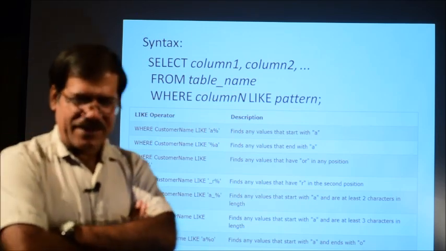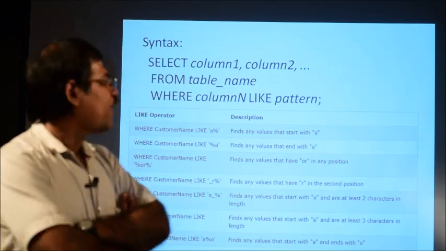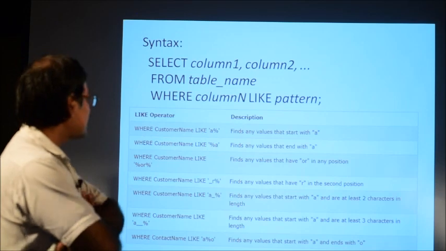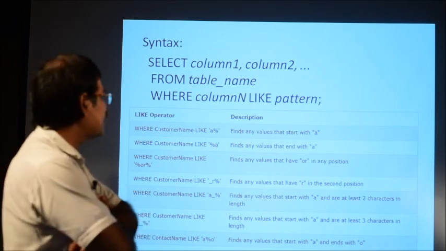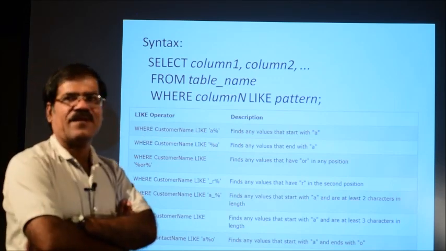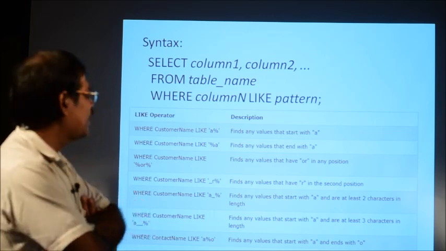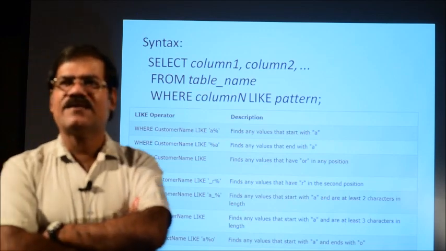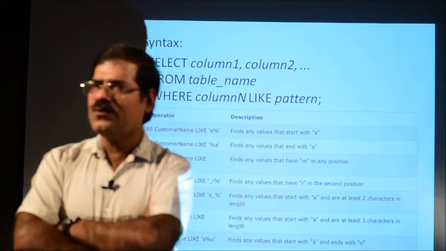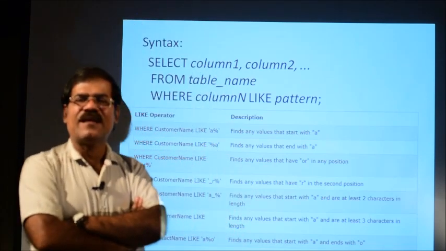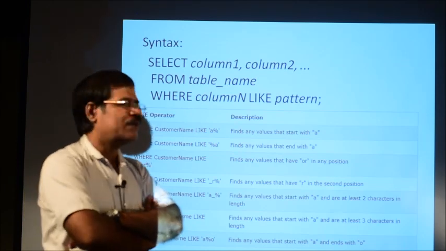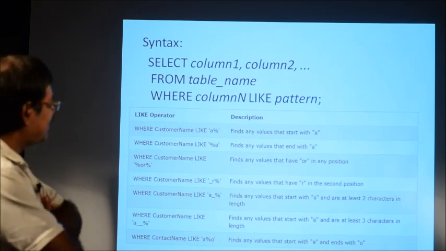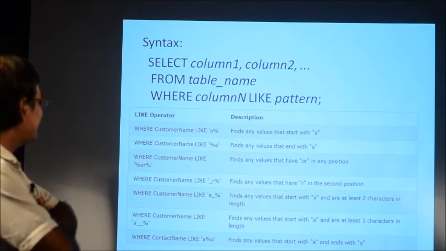That means the customers whose name starts with A will be selected from the customer table. Only that record is selected from the table. The pattern is that A will be matched. The customer name starting with A, that record will be selected. Suppose I write percentage A, just the opposite. What does it indicate?